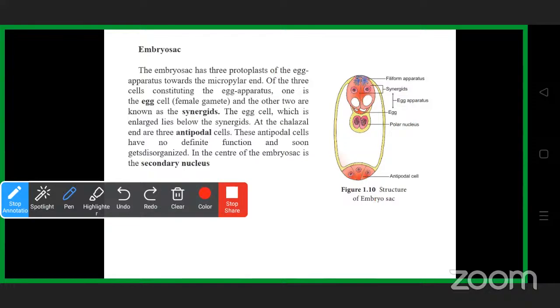Okay. And then shall we go for the megasporogenesis? The megasporogenesis, which happens in the ovule, how the megasporangium is forming.